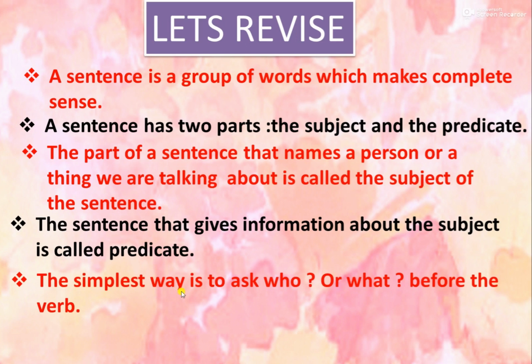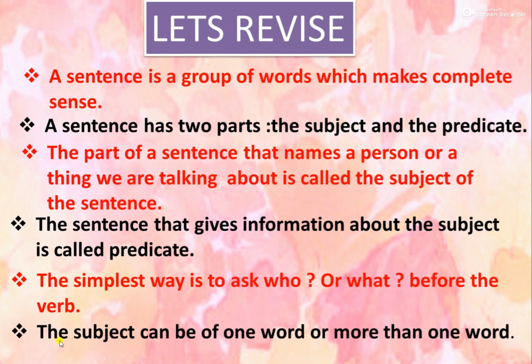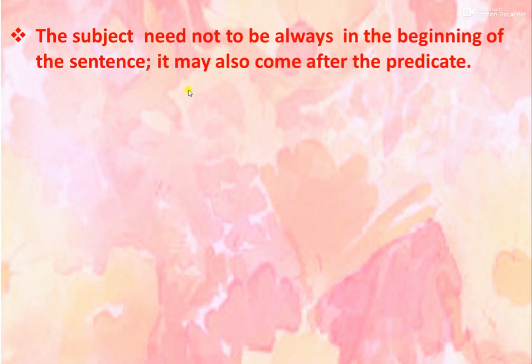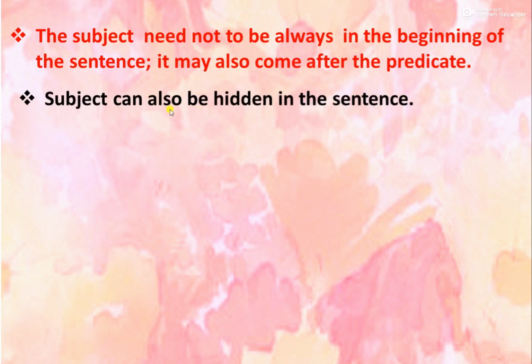The simplest way is to ask who or what before the verb. The subject can be of one word or more than one word. The subject need not always be in the beginning of the sentence. It may also come after the predicate. Subject can also be hidden in the sentence.